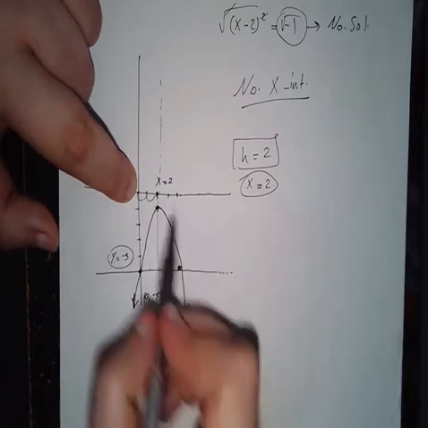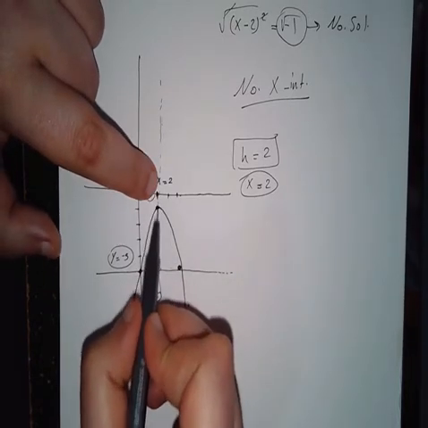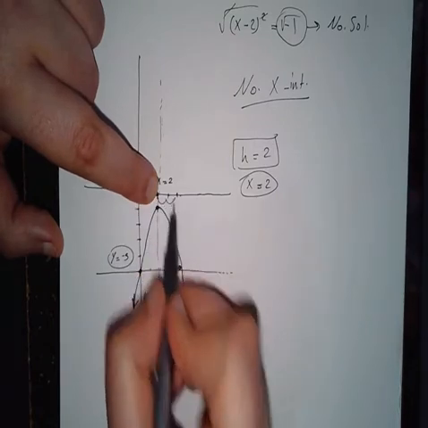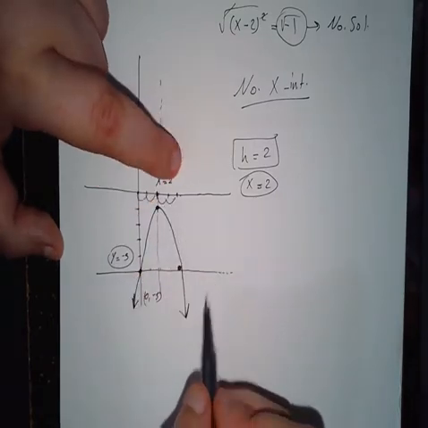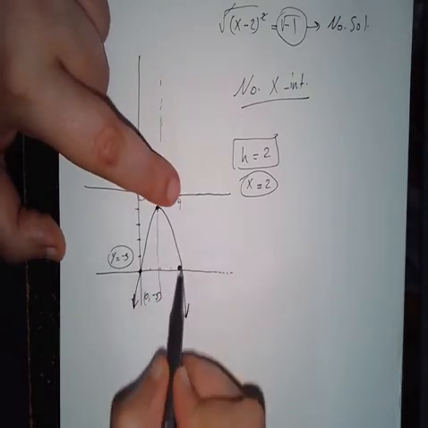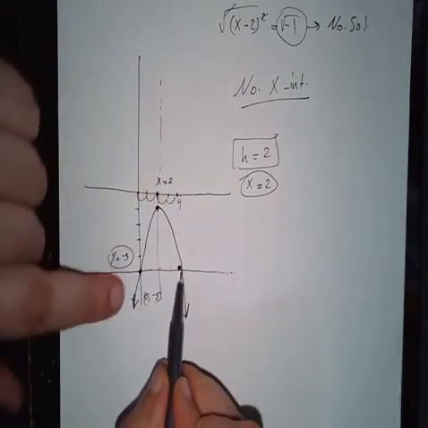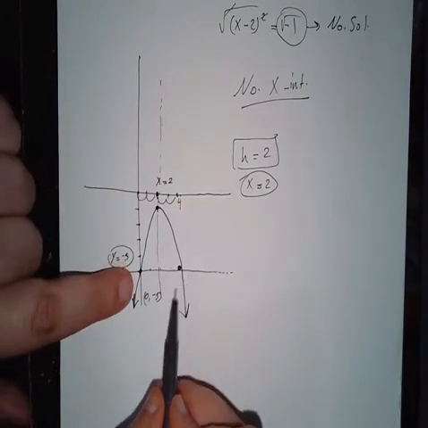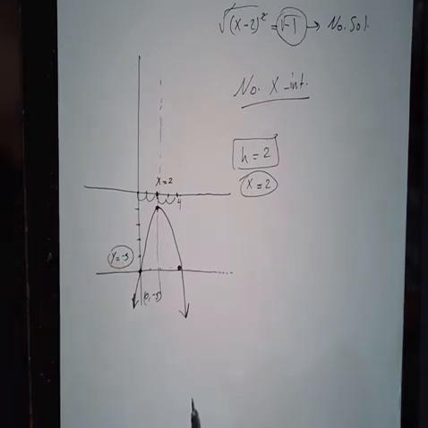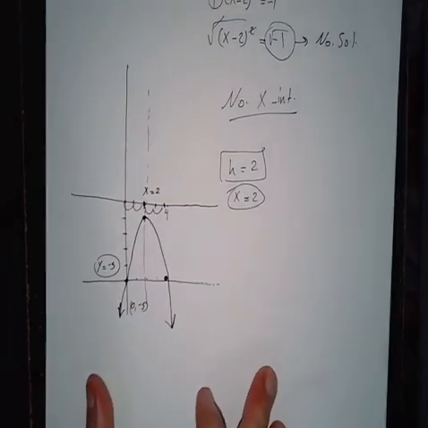Correct? So at the half point, which is my axis of symmetry, I'm again moving 2 steps. So at x equals 4, I'm going to go all the way down until I match this line where you have the y value of -5, and I'm going to draw a point. That's all. Alright, and that's your graph.